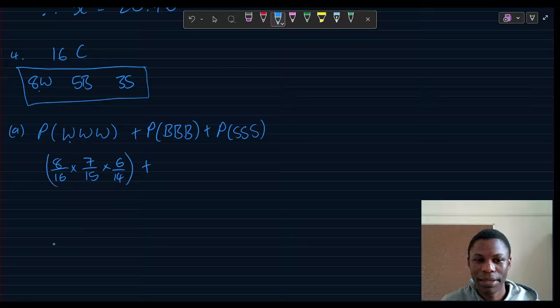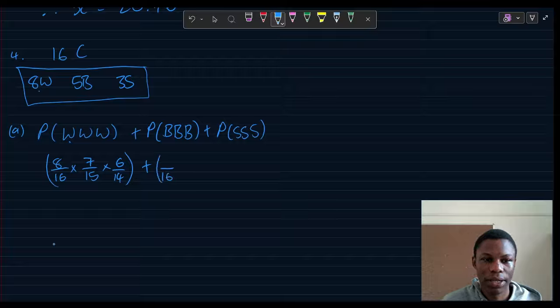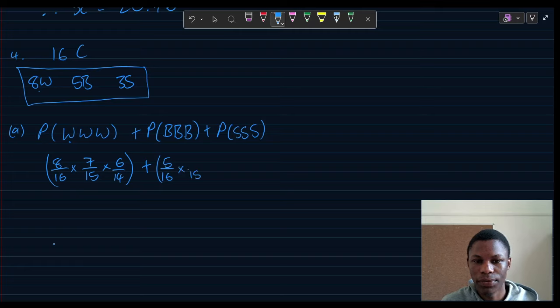And we'll do the same thing here for the black cars. So our first pick, we're picking out of 16. And we've got 5 black cars. Once we pick a car, we're only left with 15. We picked a black car on our first pick, so we only have 4 black cars remaining. And now we've picked 2 cars, so only 14 remain.